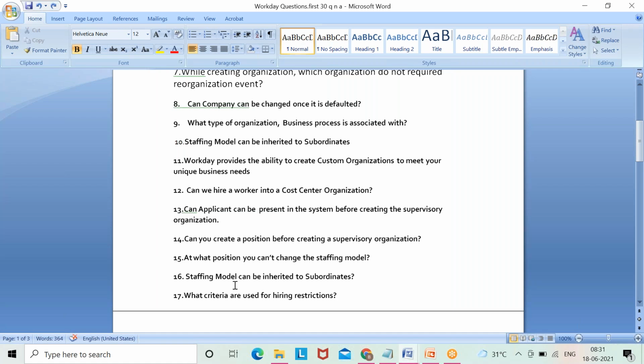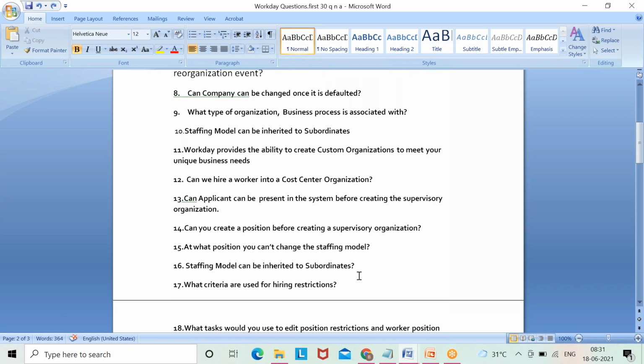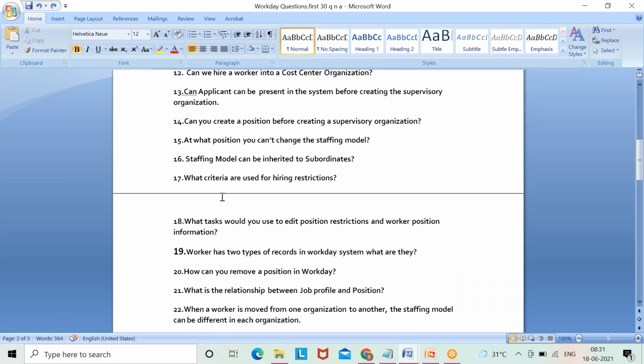The 16th one is a repeated one, ignore it please. So for hiring restrictions, for which staffing model? Let me put it this way: what are all the hiring restrictions we have, either in position or job? In simple terms, when you're creating a position, what are all the fields we have? First, you need to open the position with a business process.